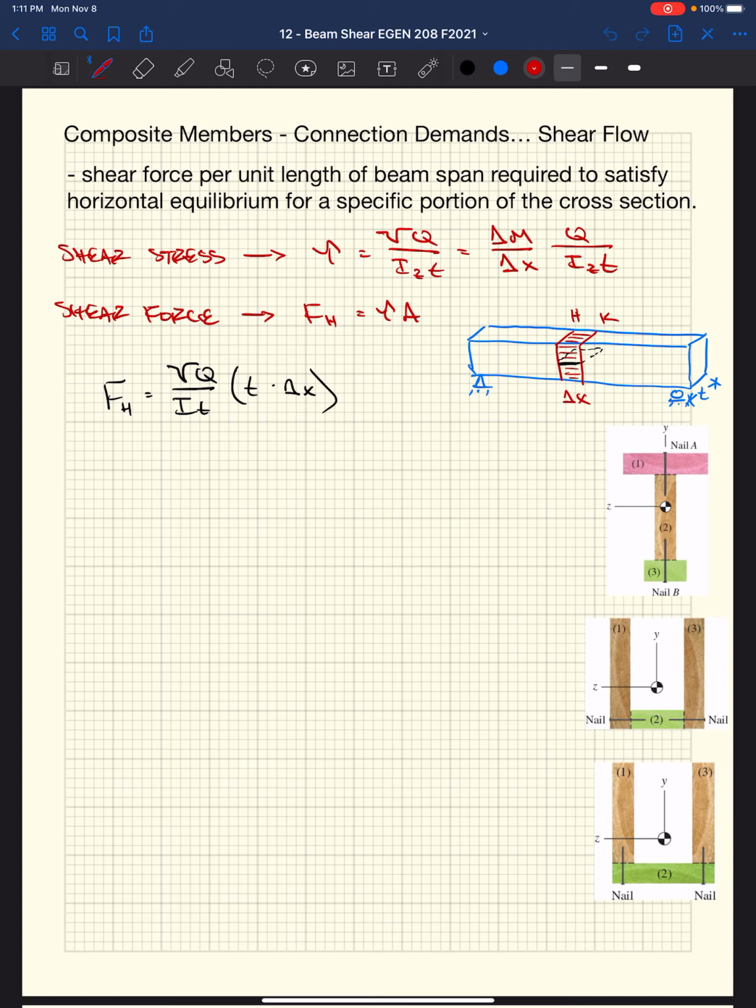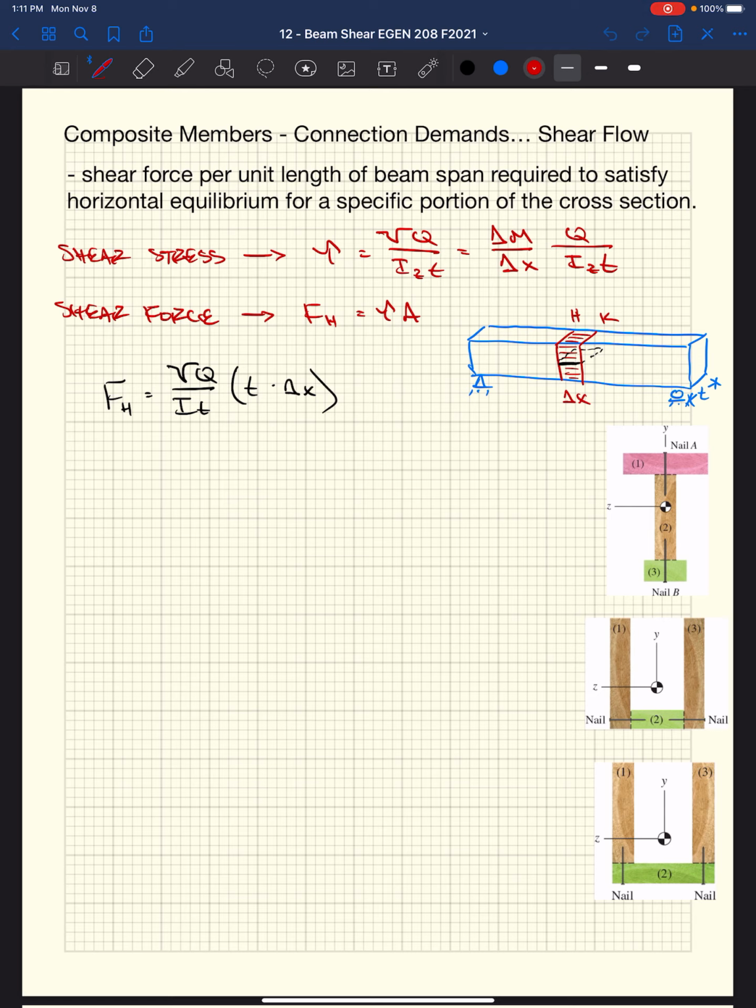And so we started by looking at the derived definition of shear stress that we have in flexure, which is VQ over It. The shear demand at a cross section at some distance along the length times the first moment of the area.